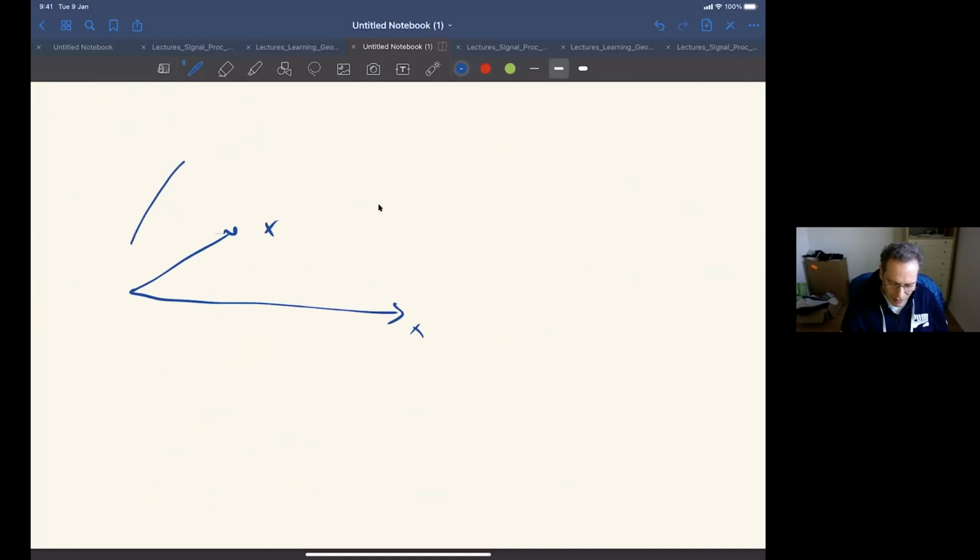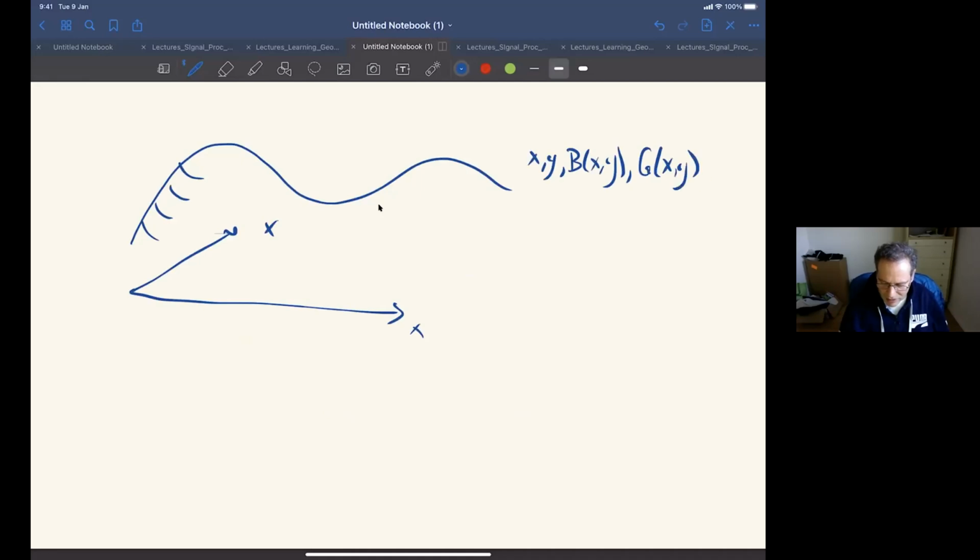And I can now think of the three colors as three manifolds, but you can think of the image as a manifold, as a two-dimensional manifold. It would be given by x, y, and blue of x and y, and green of x and y, and red of x and y. Okay, this would be my image manifold.